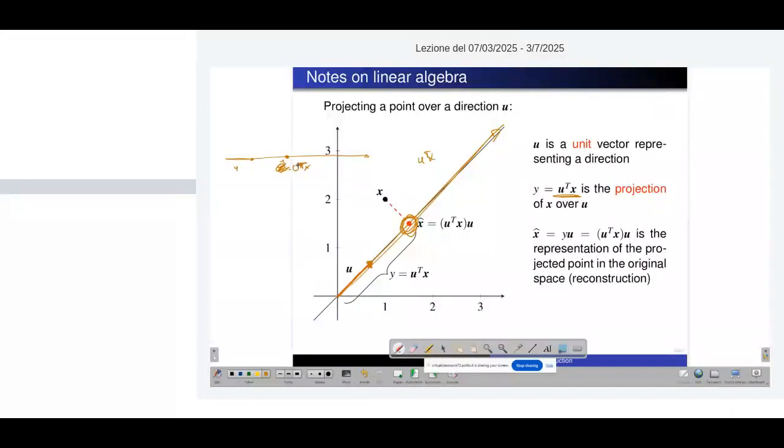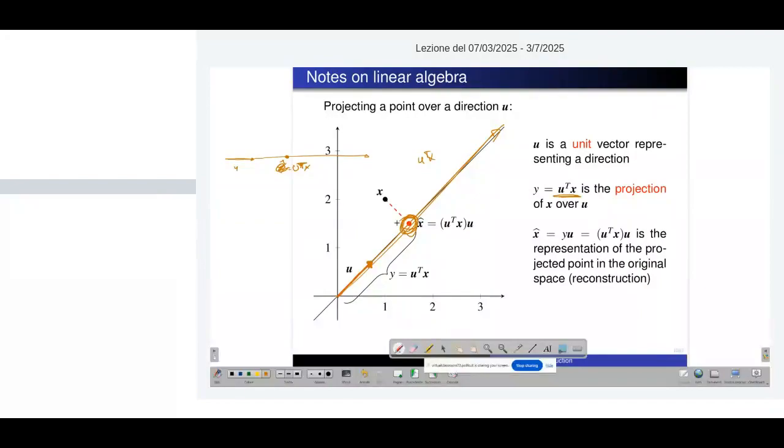This small y, which we will use as the representation of the projected point, is the coordinate of the projection of x in the direction defined by the direction vector u.